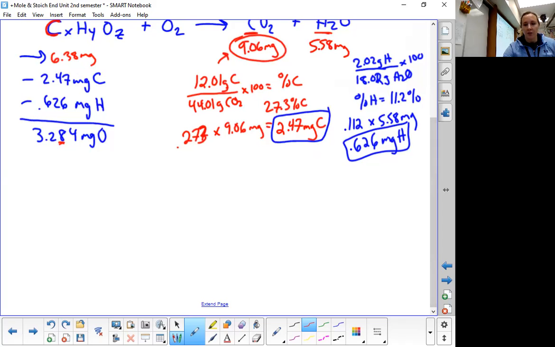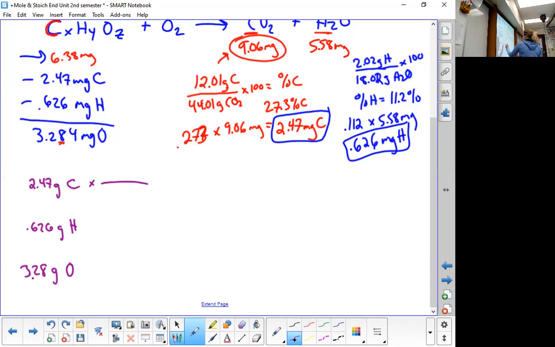So next we're going to solve for the empirical formula. I could have also just changed all these amounts to grams, and I left them as milligrams, but I'm going to assume now, I'm going to scale them all up by 1,000 and say I have 2.47 grams of carbon relative to 0.626 grams of hydrogen to 3.28 grams of oxygen.